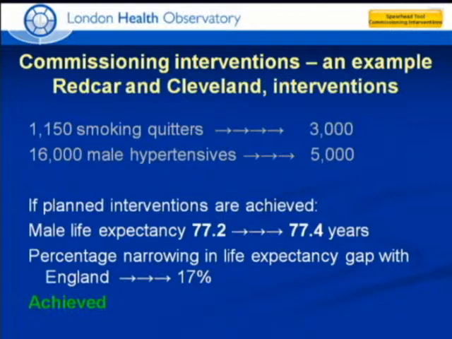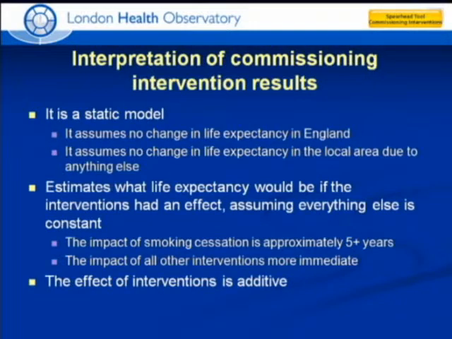It's obviously a very simplistic tool, and well, it's quite complicated, but it raises as many questions, I suppose, as it answers. There are things that we need to consider when interpreting the results from the model. The first thing is it's a static model.